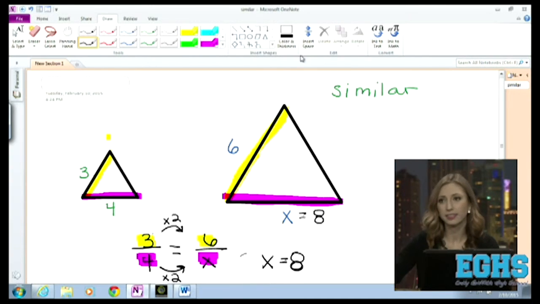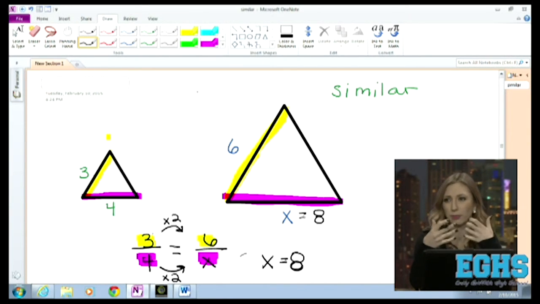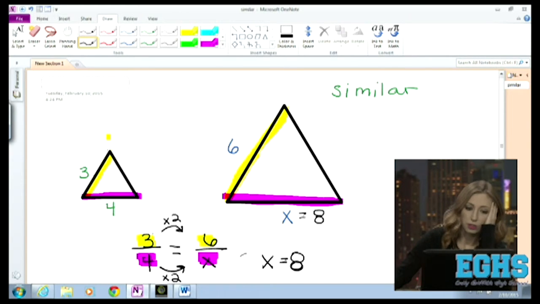So you can see the similarities between these two triangles. They are not equal to each other, but they are the same shape, and the side lengths are proportional. There would be a lot of similar triangles to this 3, 4 triangle. You could do a triangle that would be 9 and 12.